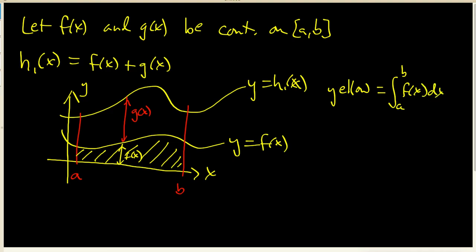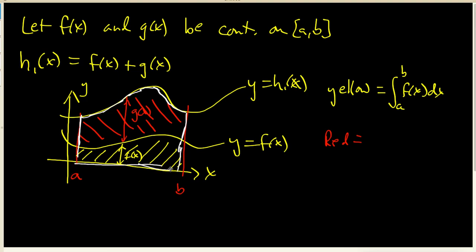Now I'm going to shade in this red area, and I'll talk about that in just a minute. We don't quite know what the red area is, and I'm going to box in what I'm going to call a white area. The white area is nothing more than the red area plus the yellow area.